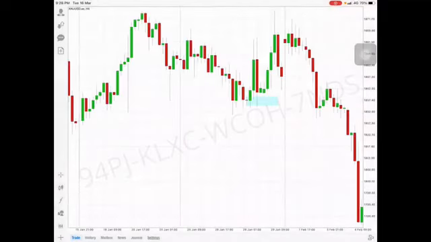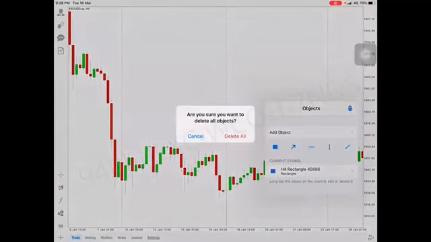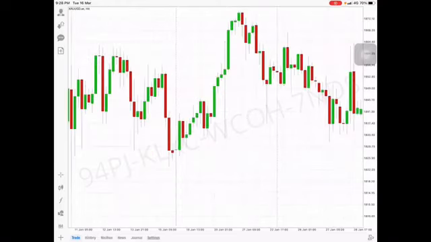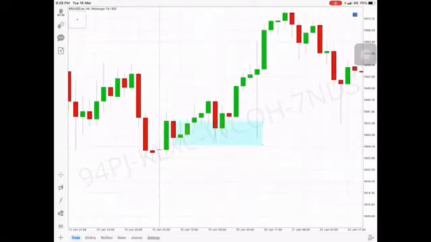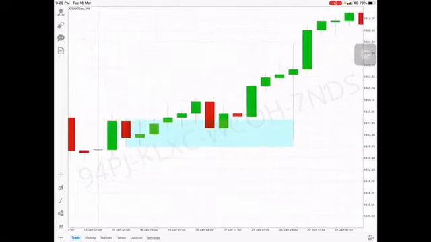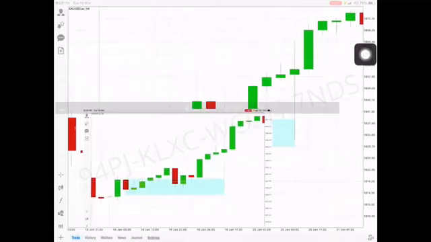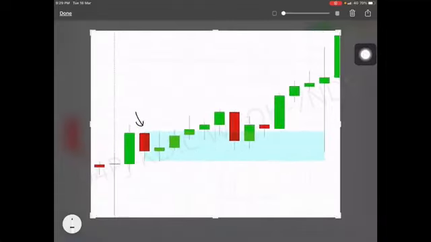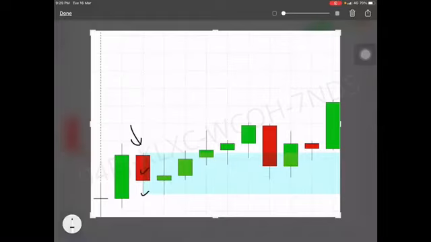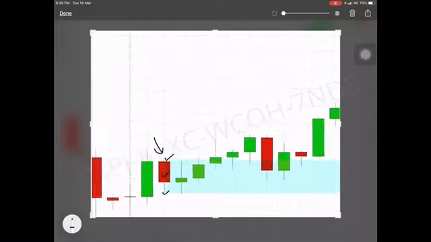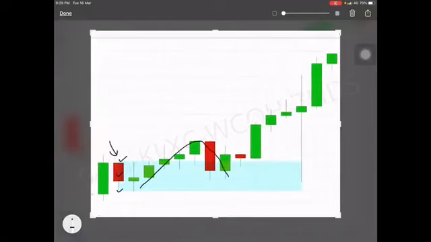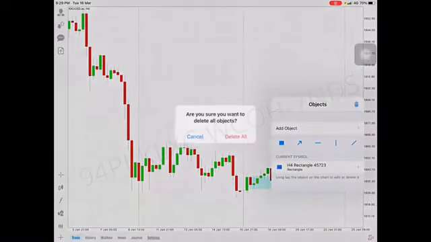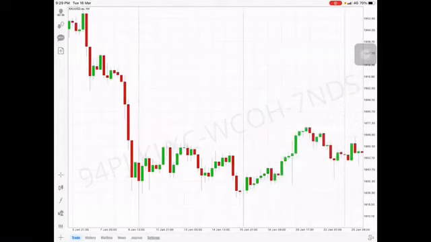Some more, for example, this one as well. Now look at this one. The shadow has been consumed, the body has been consumed, and the upper shadow has been consumed. So when the price comes back to the zone, you can entry buy right here. The ones that I've shown you are very low risk.